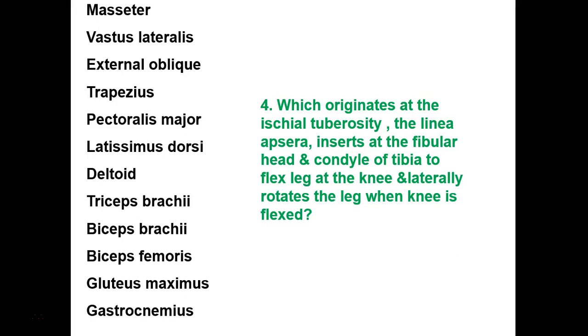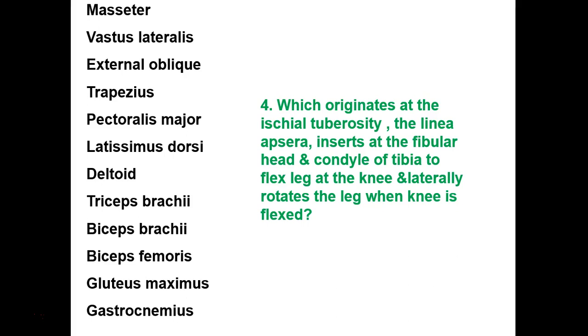Which muscle originates at the ischial tuberosity, the linea aspera, and inserts at the fibular head and the condyle of the tibia to flex the leg at the knee and laterally rotate the leg when the knee is flexed? So ischial tuberosity, that must be a roughened place on the ischium, so that's kind of where you sit on that hip bone. And then it's the linea aspera. Remember that that's kind of a line that's under the gluteal tuberosity that goes down.